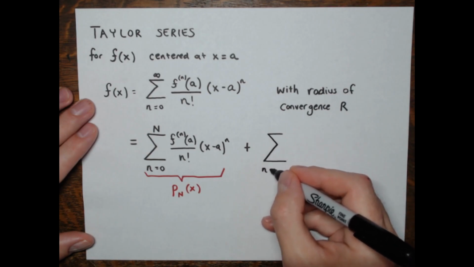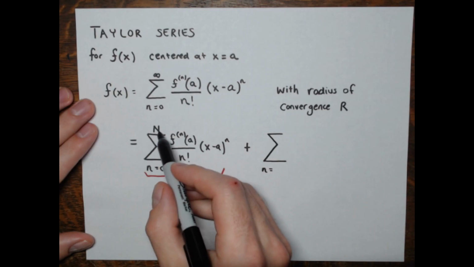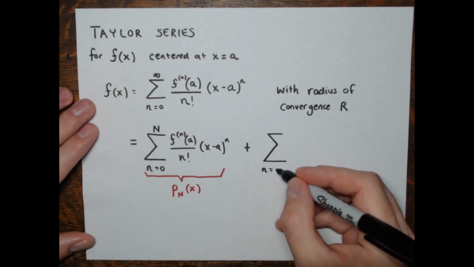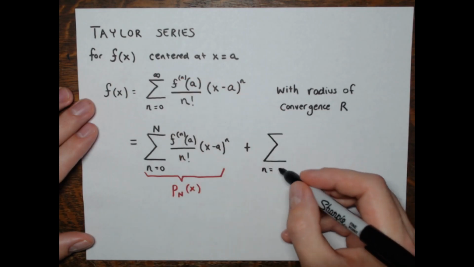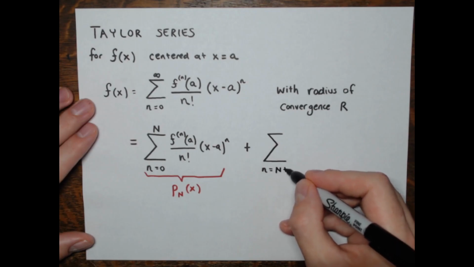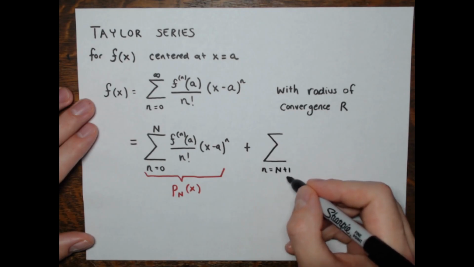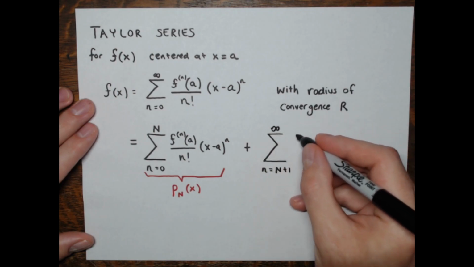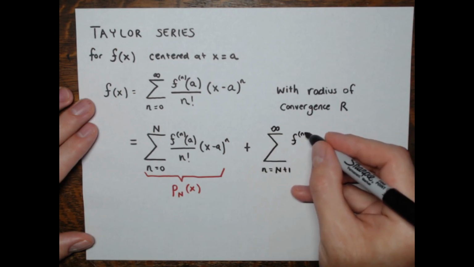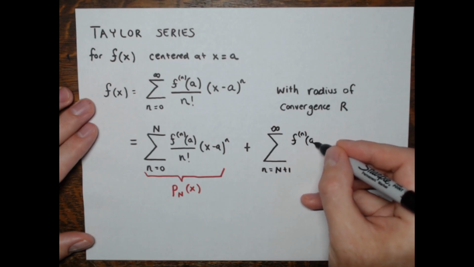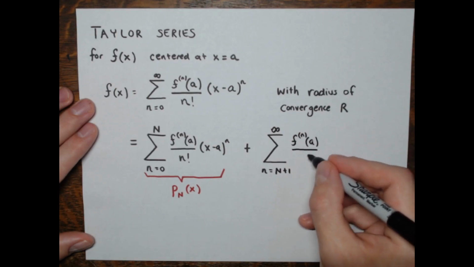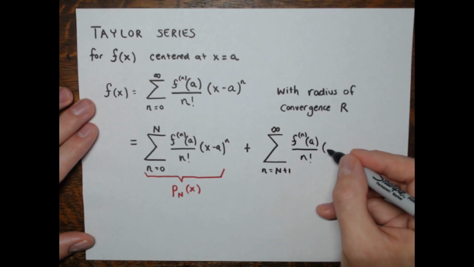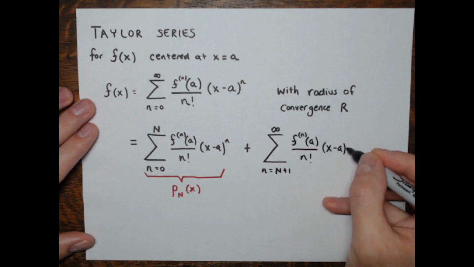The sum from little n equals, this goes up to capital N here. So the next term in our infinite series would be capital N plus 1. So from little n equals capital N plus 1 to infinity of these terms, the nth derivative of a divided by n factorial times x minus a to the nth.